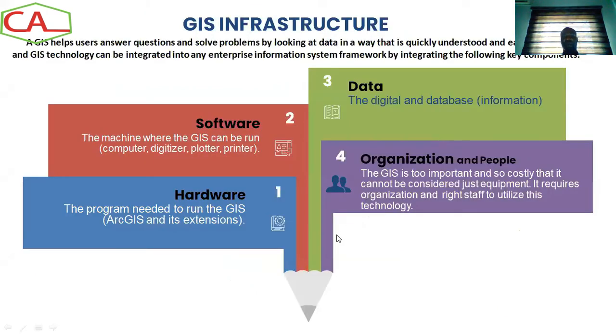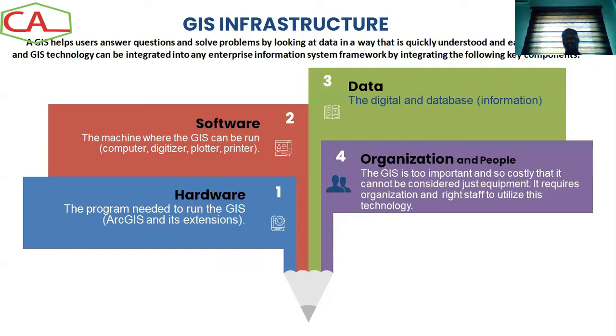Again, we'll look at the infrastructures whenever we're talking about the GIS. We can't do the GIS without the hardware. We can't do it without the software. We can't do it without the data. We can't do it without the organization. When we're talking about the hardware, we're talking about the computer itself.